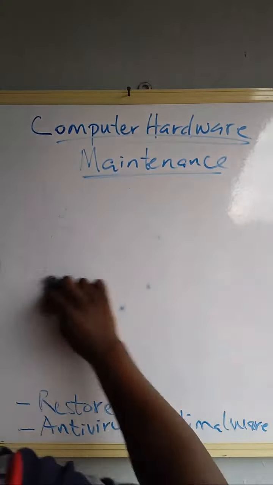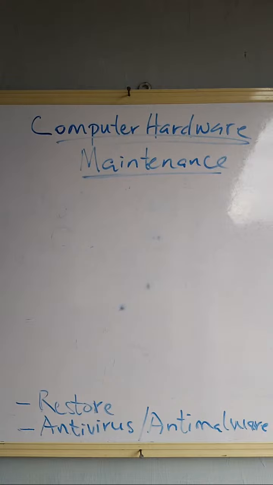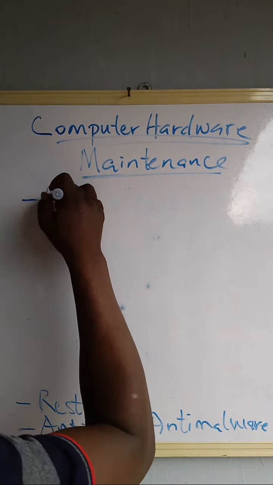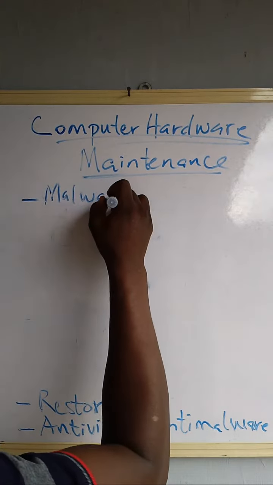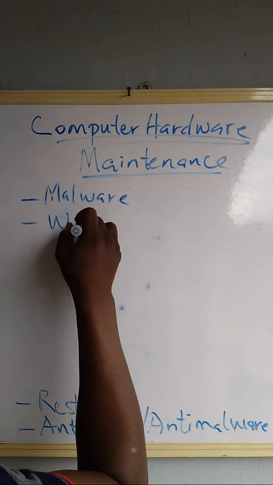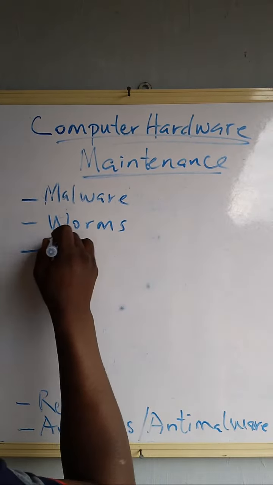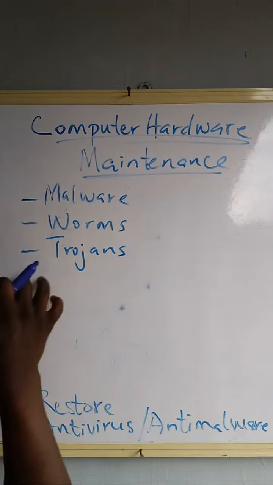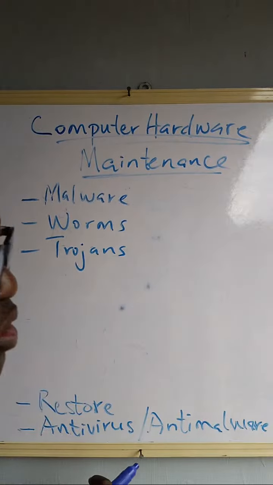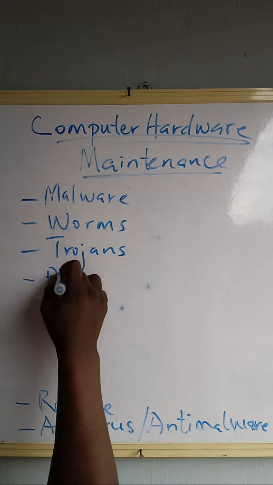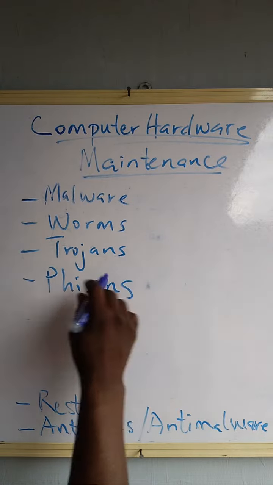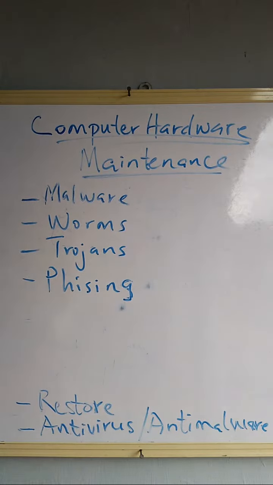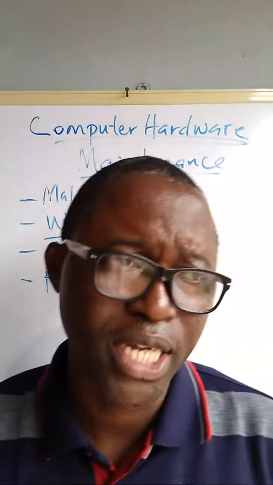Generally, we use the term antivirus for infections such as malware, worms, trojans, and so on. There are more. There could be phishing attacks. All these are software problems that can cause issues with our computer system.